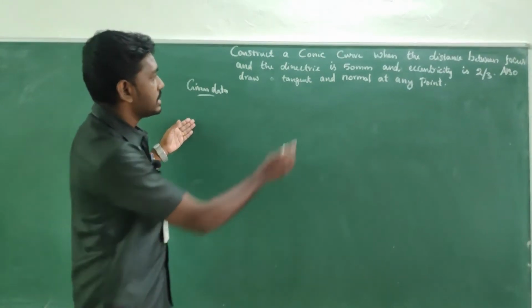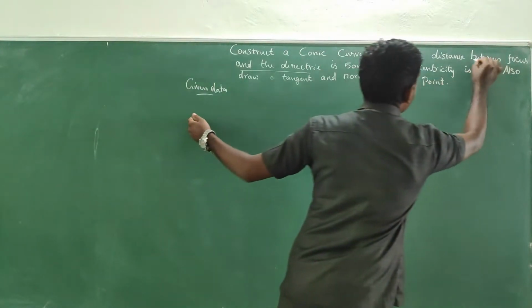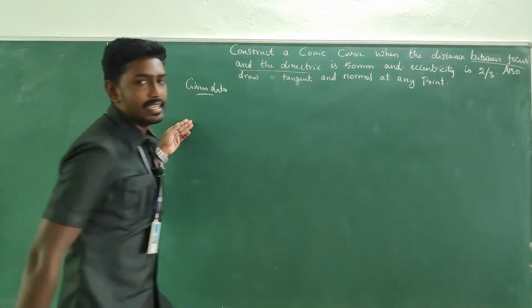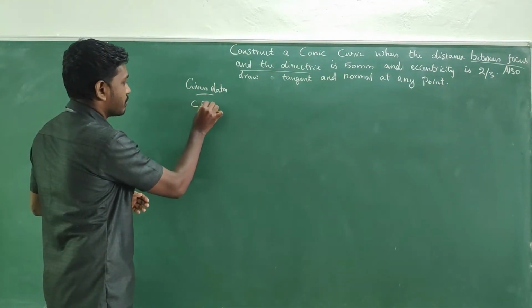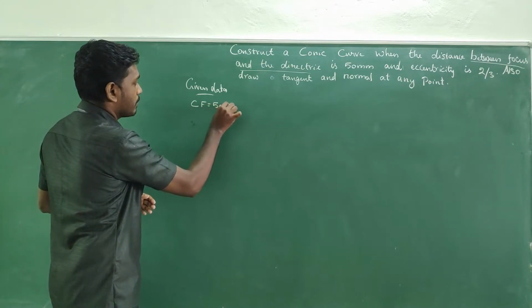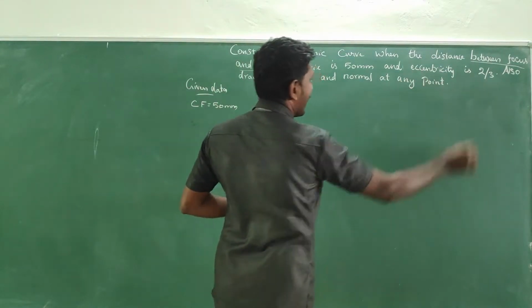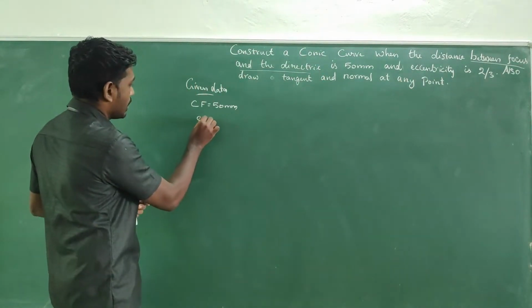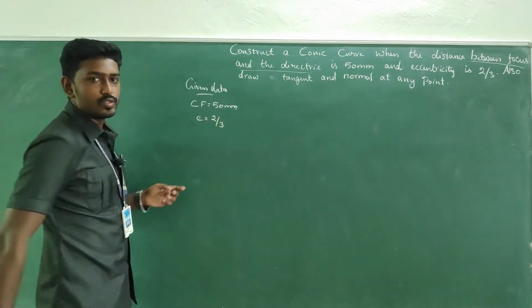Here the distance between the focus and the directrix is given as 50. That means CF is 50 mm. And eccentricity is given, E as 2/3.